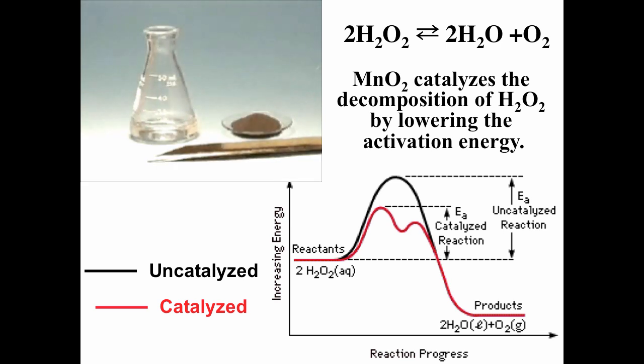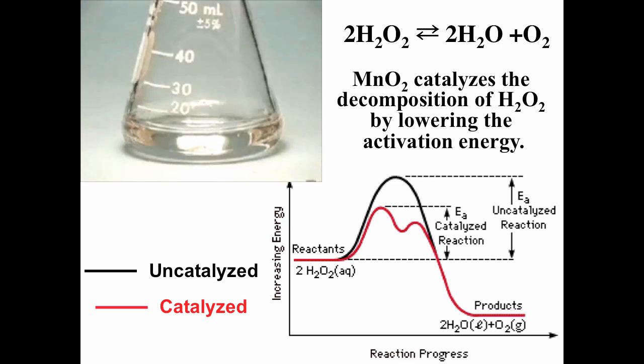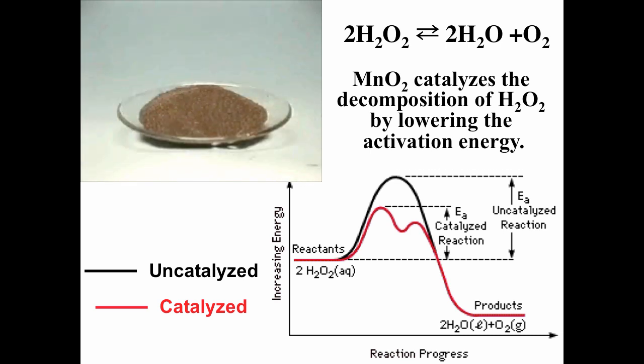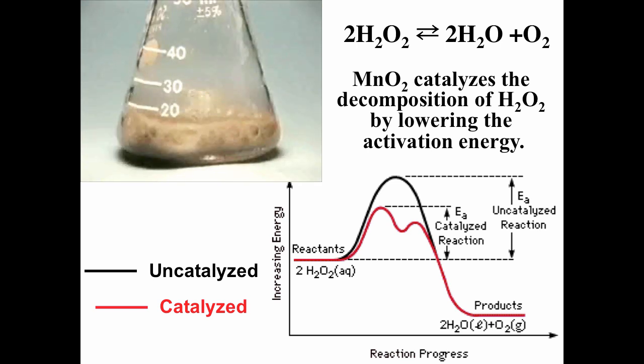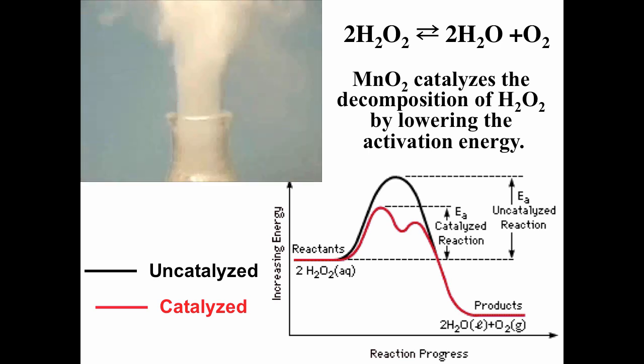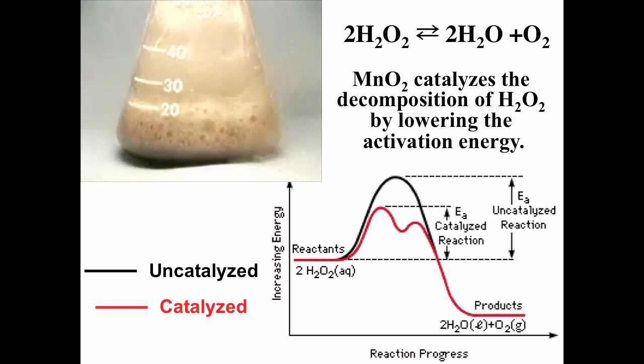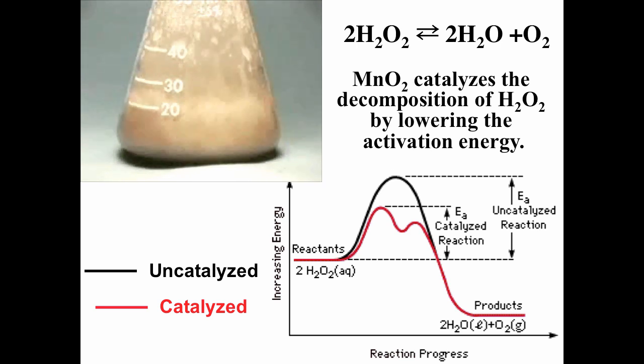Hydrogen peroxide in water decomposes slowly at room temperature. In the presence of manganese dioxide, however, the decomposition occurs much more rapidly. The reaction produces oxygen and water. The manganese dioxide is not consumed or otherwise altered by the reaction.